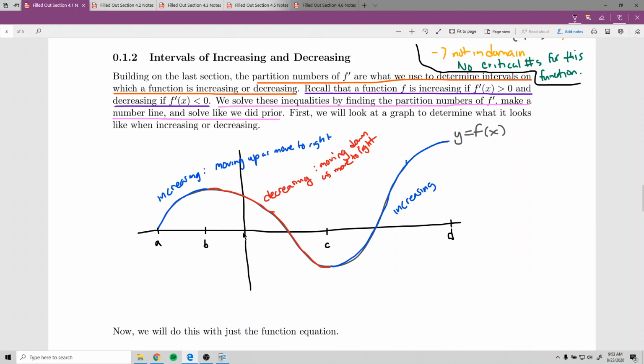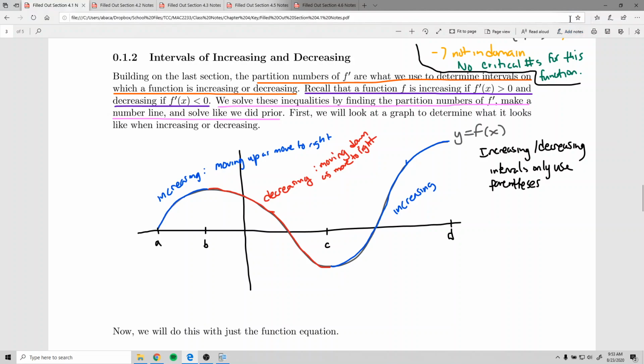You never include where it changes or where it stops. So increasing or decreasing intervals only use parentheses. But this will make sense when we solve the inequalities because we're going to solve greater than or less than, no equal to part.